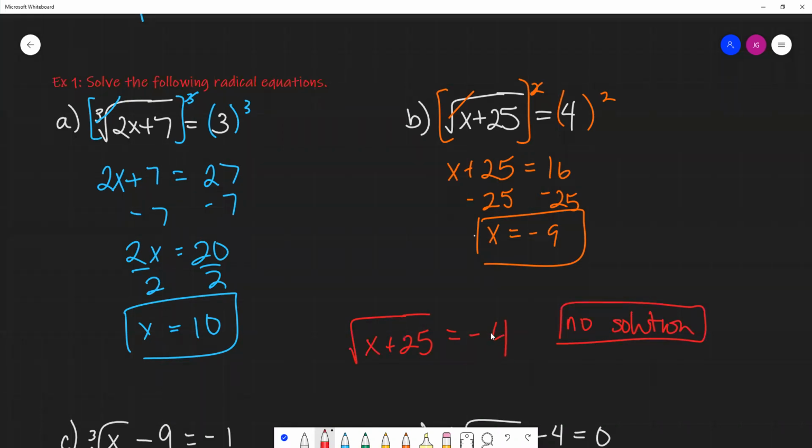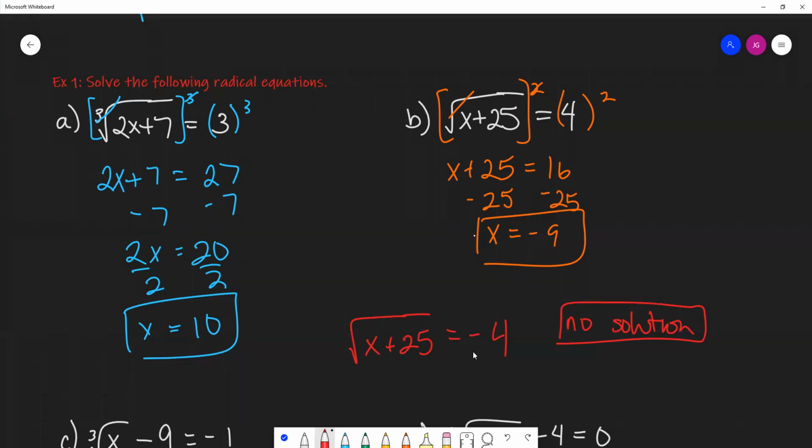This becomes positive 16 and that becomes x plus 25. What's the issue? Well, think about the range of the square root function. Can I square root something and get a negative answer? No, right? So even though we can do the math and get an answer, domain and range wise, this does not work out. This is not even a true statement. We wouldn't ever write this.